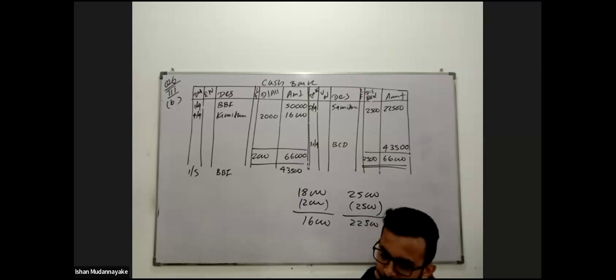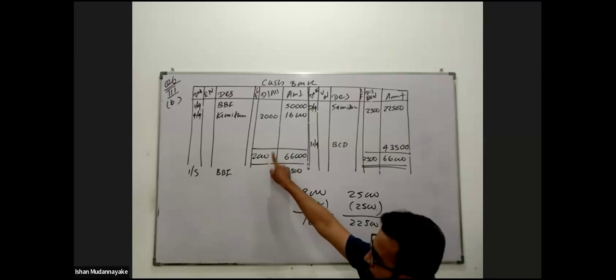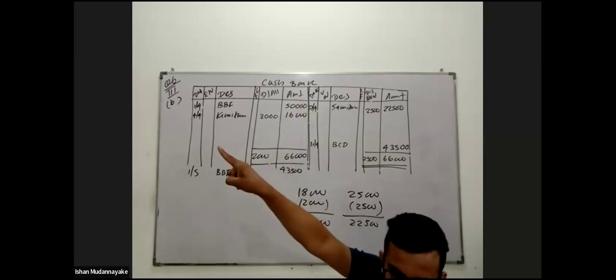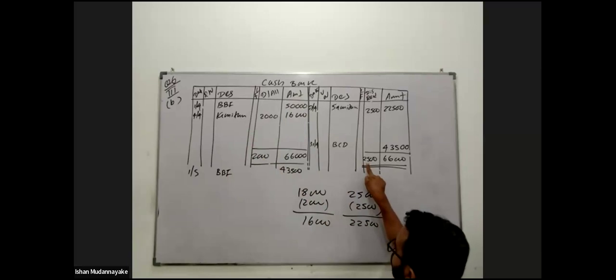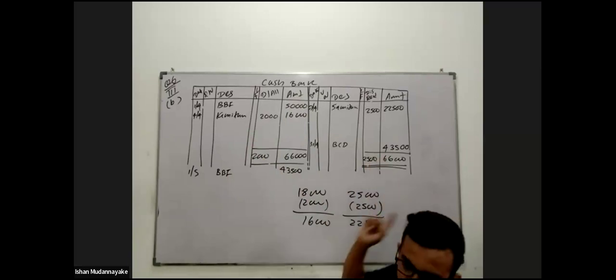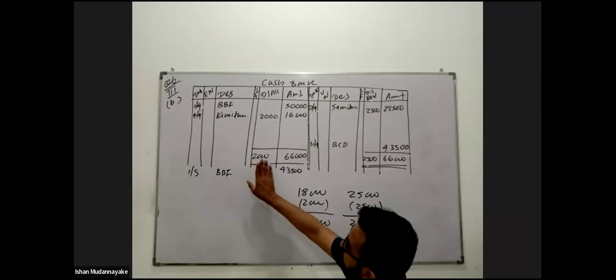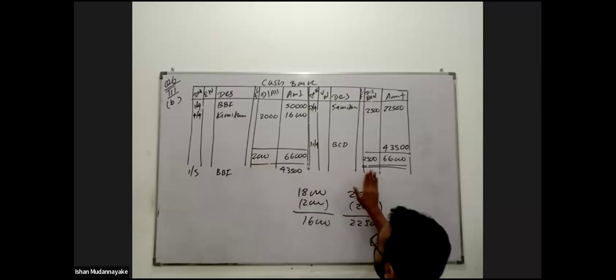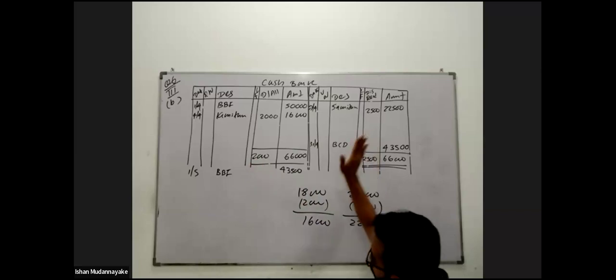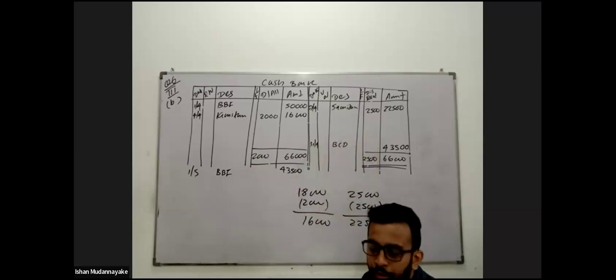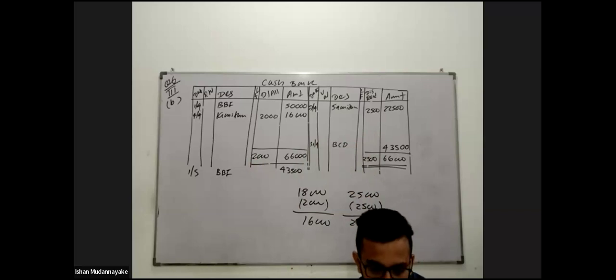No. We can't bring forward discount. This 2,000 discount allowed account debit. This 2,500 discount received account credit. Actually, these two columns, the discount allowed column and the discount received column, do not belong to the cash book. Those are called memorandum columns.